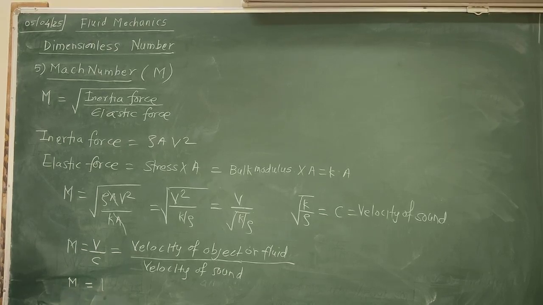Such flow is called sonic flow. When the Mach number is less than 1, then it is called subsonic flow. And when the Mach number is greater than 1, then it is called supersonic flow.